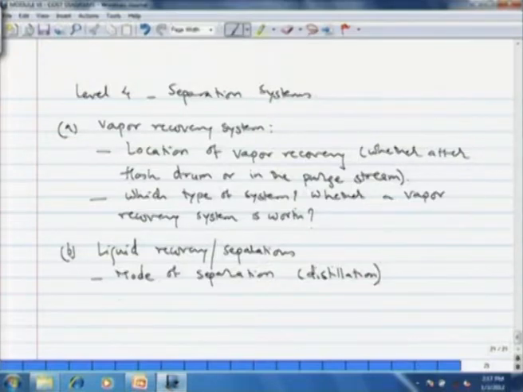Then the sequencing of columns is another decision to make.